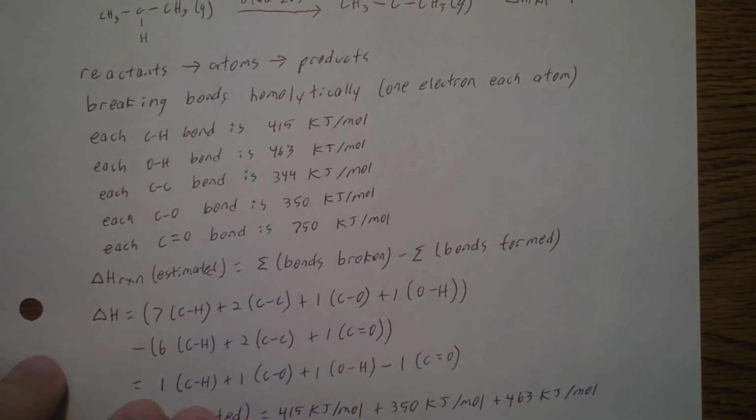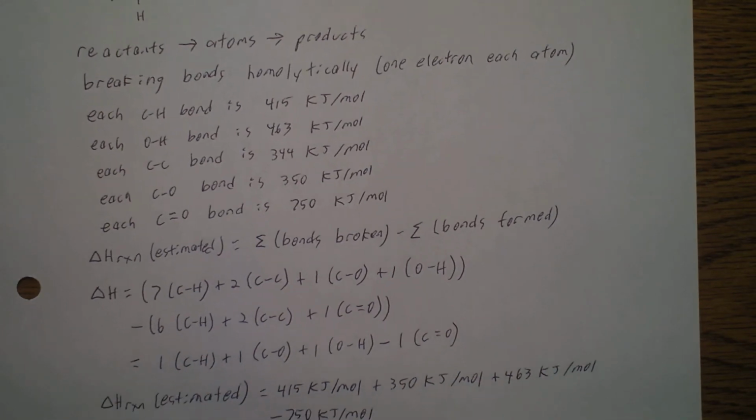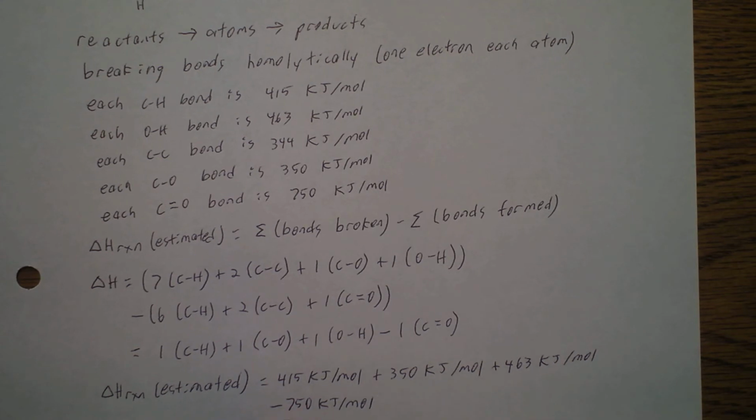So the difference is going to be 1 carbon-hydrogen single bond, 1 carbon-oxygen bond, 1 oxygen-hydrogen bond, and then 1 carbon-oxygen double bond. So the estimated heat of reaction is going to be 415 kilojoules per mole plus 350 kilojoules per mole plus 463 kilojoules per mole minus 750 kilojoules per mole.